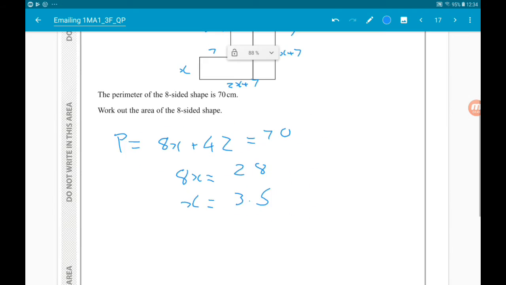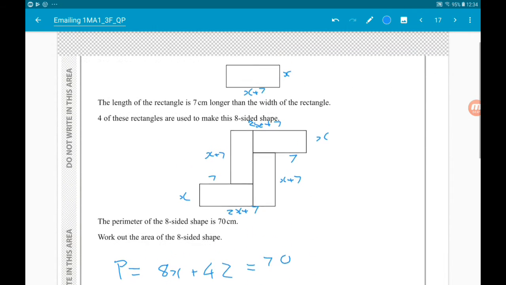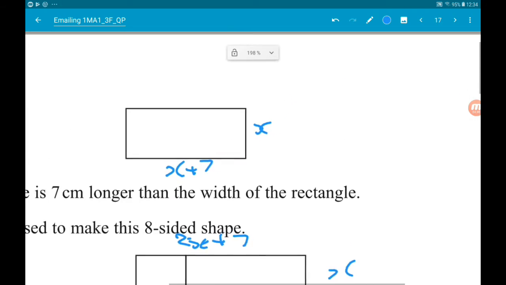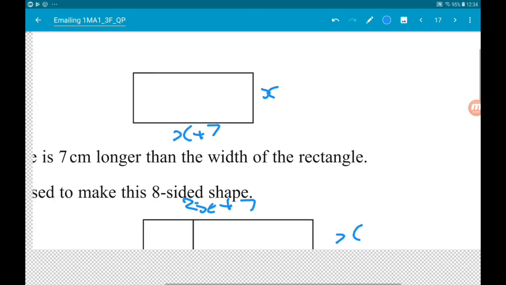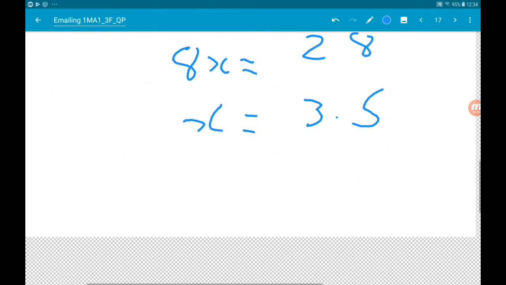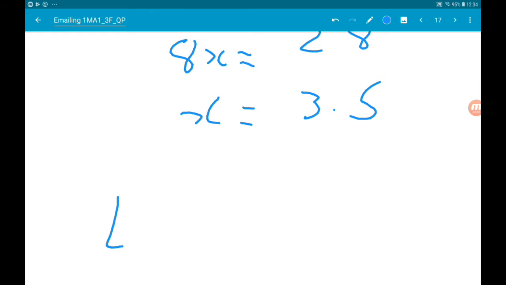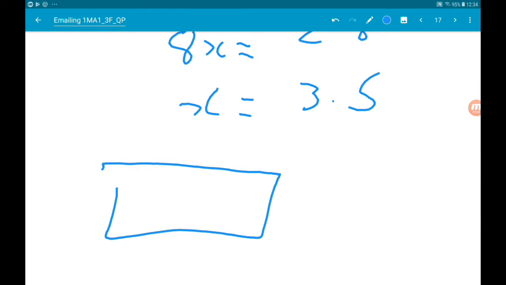So now that we know what x is, we can work out the area of one rectangle. So one rectangle is now 3.5 centimeters by 10.5 centimeters.